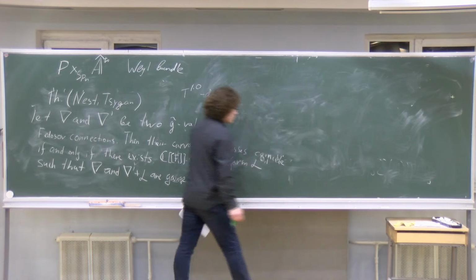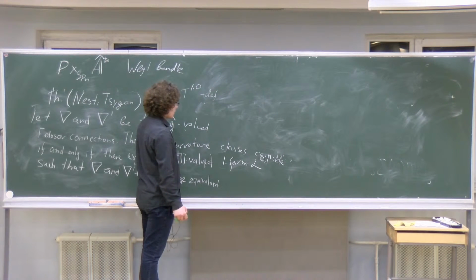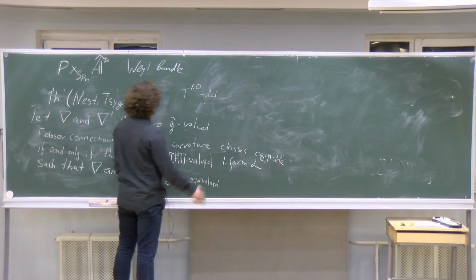It's central because it has values in the center of the Weyl algebra. But since it is 0,1, you can actually add it without changing the class of your connection. Yes.